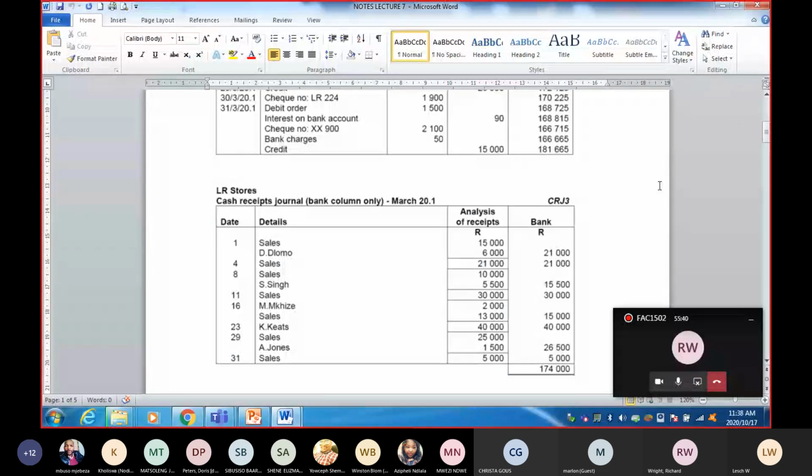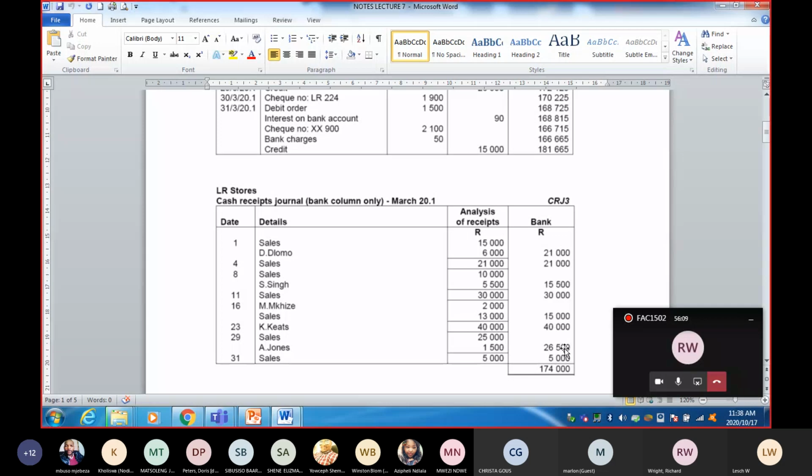The first amount of 21,000 Rand is there, and the next amount of 21,000 is on your bank statement. The 15,500 is on your bank statement. The 30,000 is on your bank statement. The 15,000 Rand on the 16th is on your bank statement. The 40,000 is on your bank statement. The 26,500 is on your bank statement.